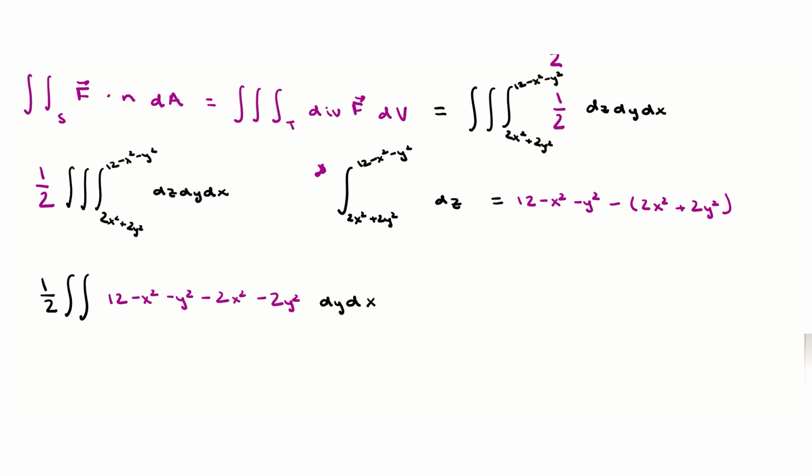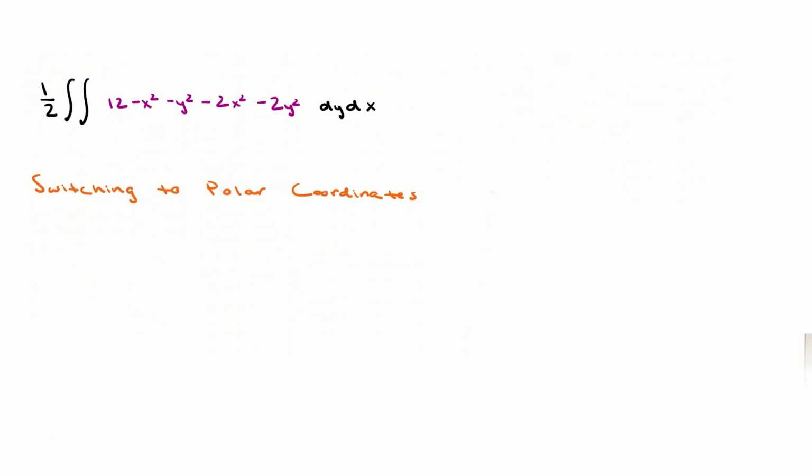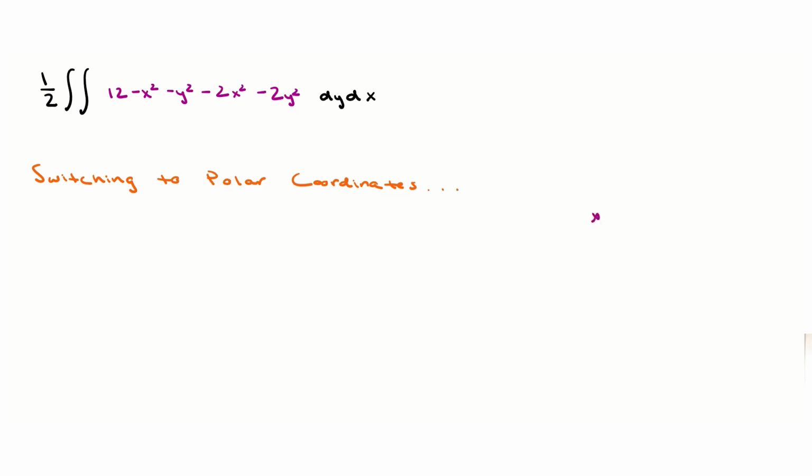Now at this point we're going to switch to polar coordinates. Note that x squared plus y squared equals r squared.